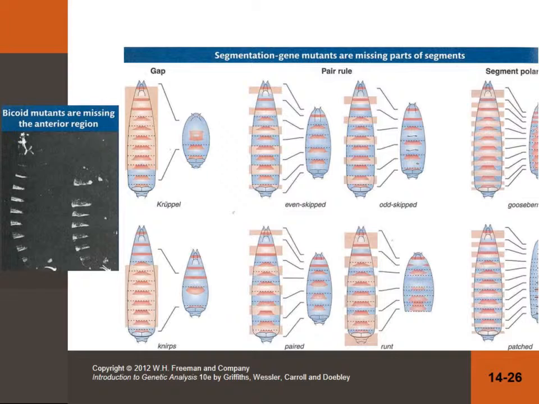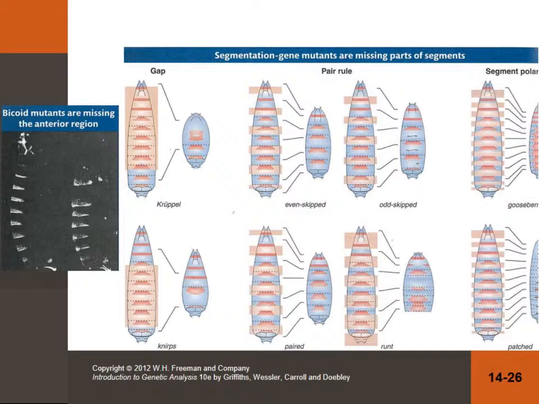Then they also discovered what are called gap genes. And we can see the result of mutations in the gap genes. These lead to large gaps in segmentation. And 2 genes shown here are the Kruppel and Knirps gene. Then in the center of that image, we have what were called the pair rule genes.